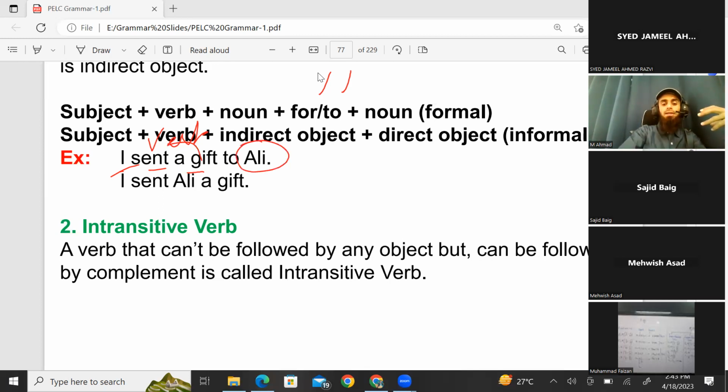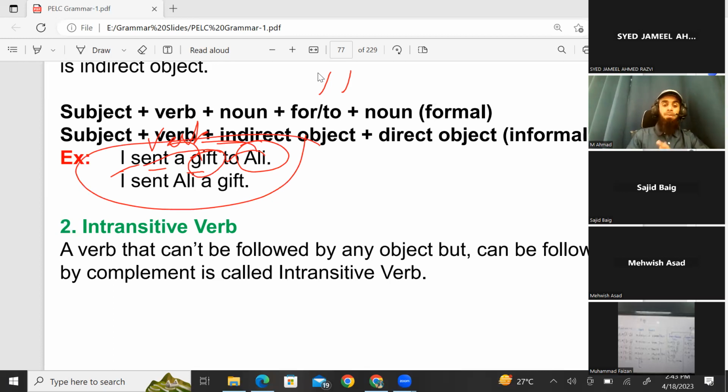But what about Ali? Ali is not presented here, or maybe present, but in the sentence right now, he is the indirect object because the gift would be received later by him, right? Now, I sent a gift as a direct and indirect. If you use it in the sentence structure, you are supposed to understand that both the sentences are correct.